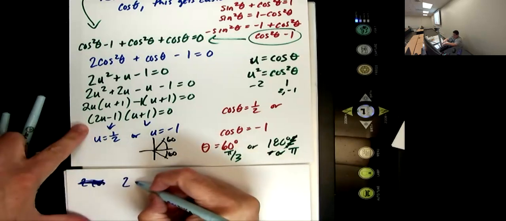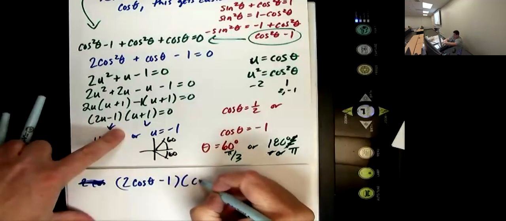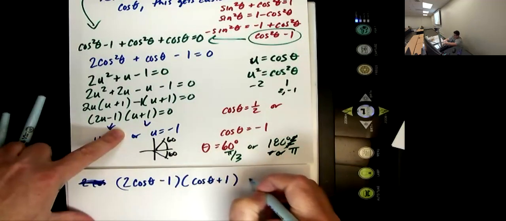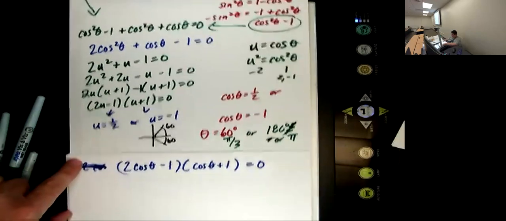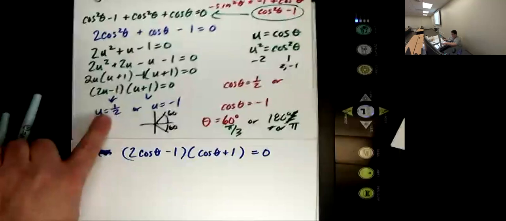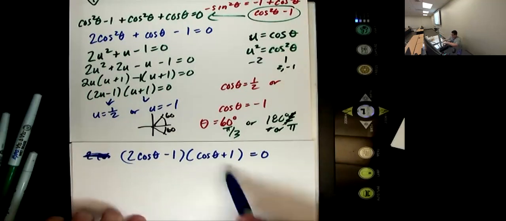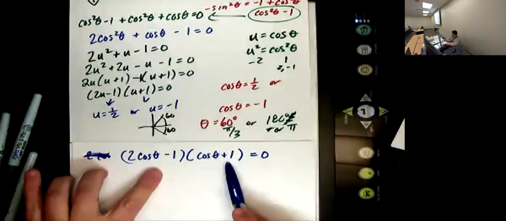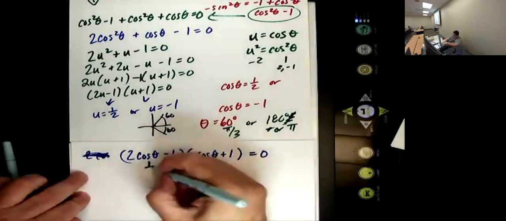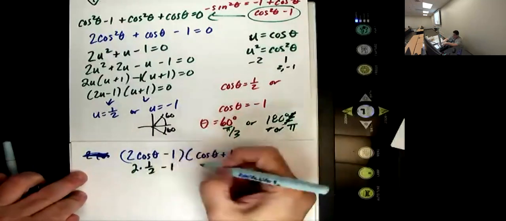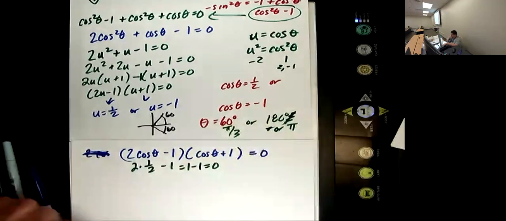I can go with 2 cosine theta minus 1 times cosine theta plus 1 equals 0, just by plugging u back in right there. If I plug in 60 degrees, that's not 0, but this one is. Cosine of 60 is 1/2. 2 times 1/2 is 1. 1 minus 1 is 0. So that will zero it out.